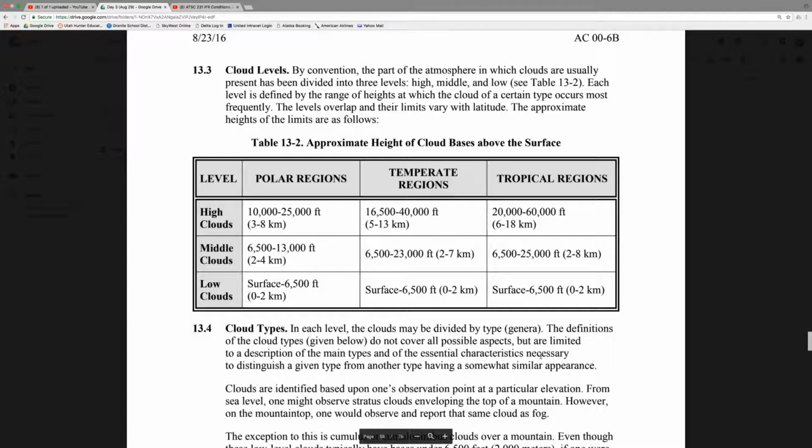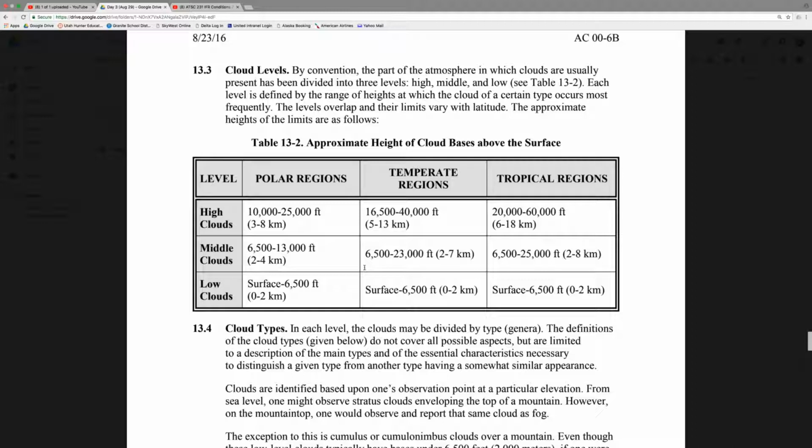So here we talk about cloud levels. Typically clouds are divided into three classes. You've got a high, middle, and a low class.